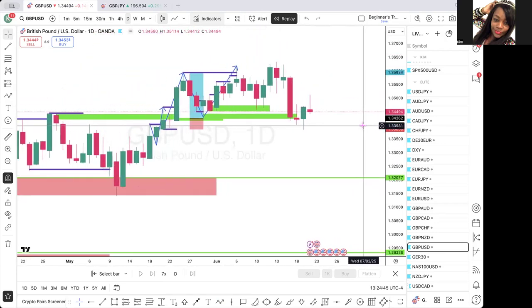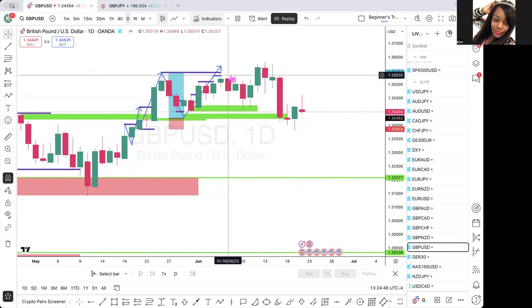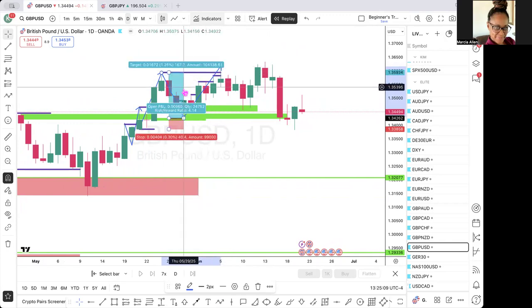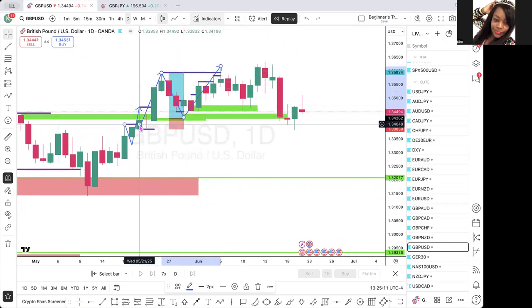So on the daily, price never closed above this high. You see that? Price never closed above that high on the daily. Awesome.